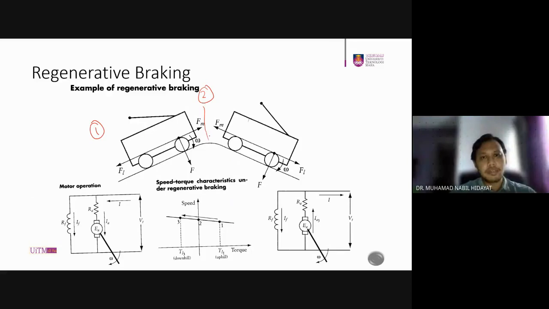But then you have torque. In order for the car to stay at the tip of the hill, it has to have torque. If it has no torque, then it will go in reverse.